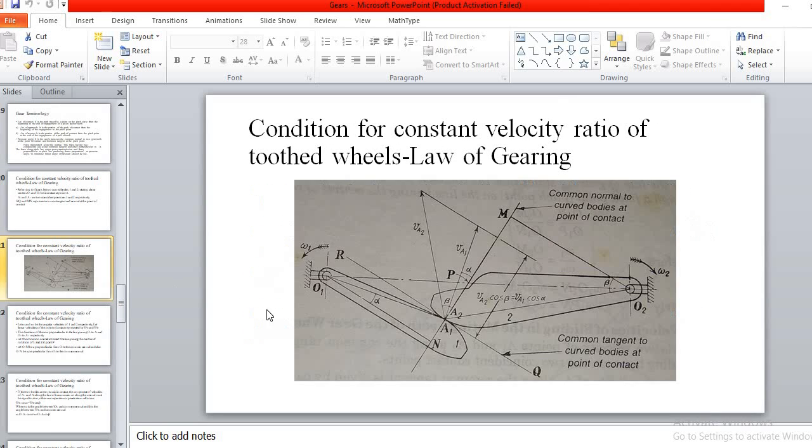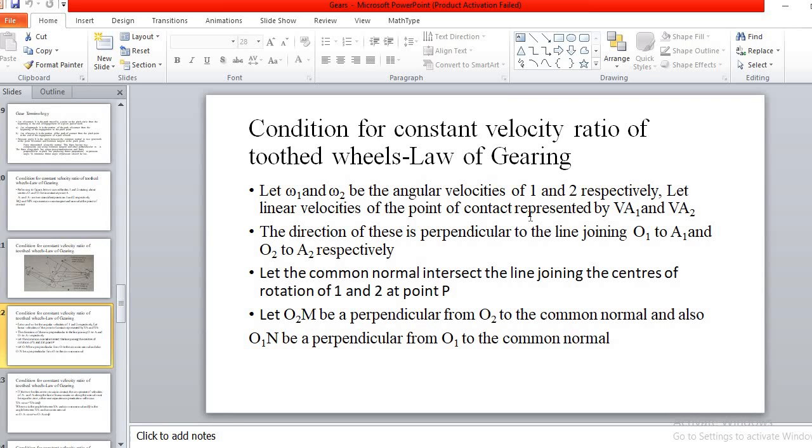So this curved body rotates with angular velocity omega 1, and the second curved body rotates with angular velocity omega 2. The linear velocities at the point of contact are represented by VA1 and VA2.